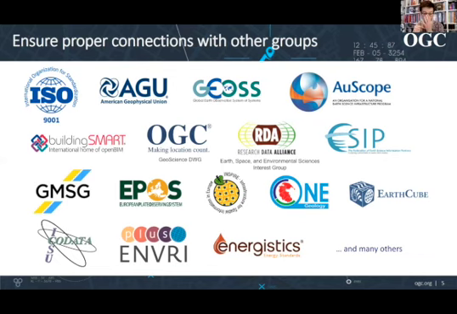So yes, we are working on the connection with other groups. It may be some directives like INSPIRE, legal impacts on what should be exchanged, and the definition of infrastructure to exchange geoscience data, for example the EPOS project in Europe.